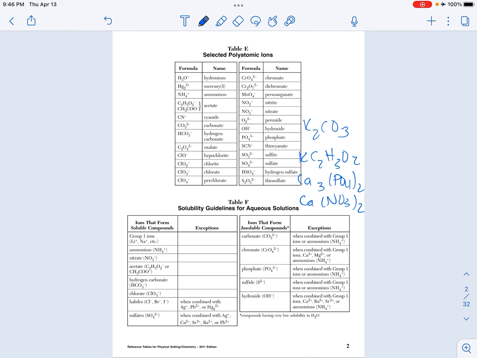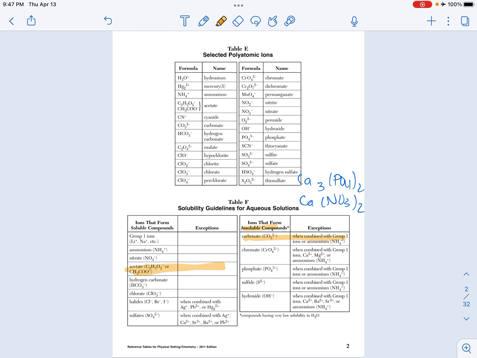So our first is carbonate. Carbonate is insoluble except when combined with group 1. So is potassium group 1? Yes, which makes it soluble, which is not what we want. Our next is acetate. Acetate is soluble, no exceptions, which means that's not what we want.